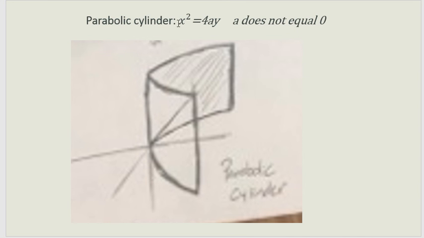And if you look at this and you go to your YZ plane, you see that y is going to be x squared over 4a, and that gives you something like this. I kind of just sketched it out. And this is what a parabolic cylinder looks like. It's a parabola that extends for a long, long time.